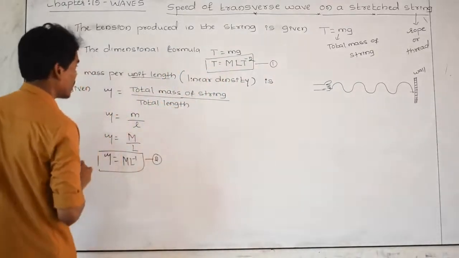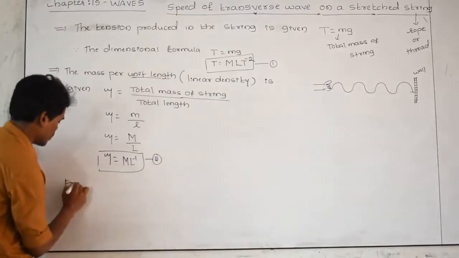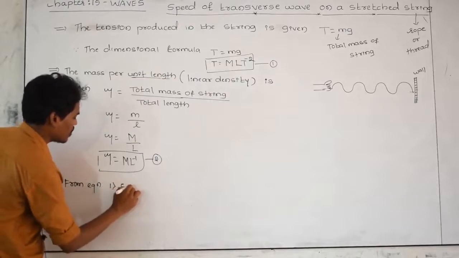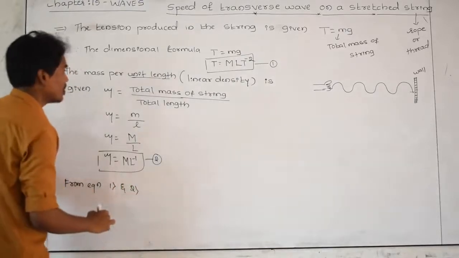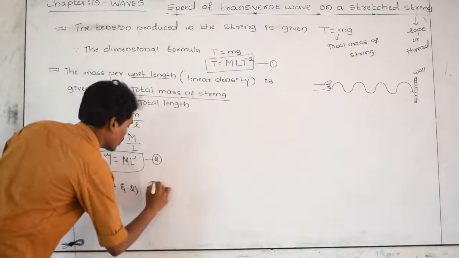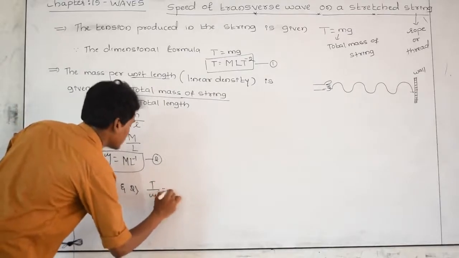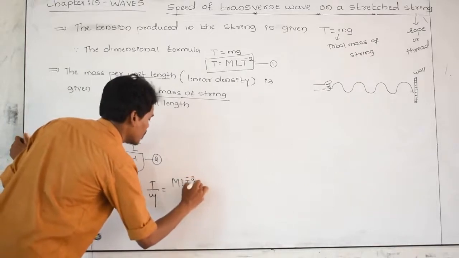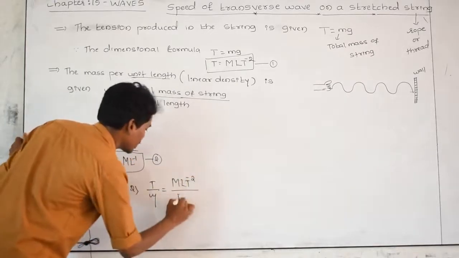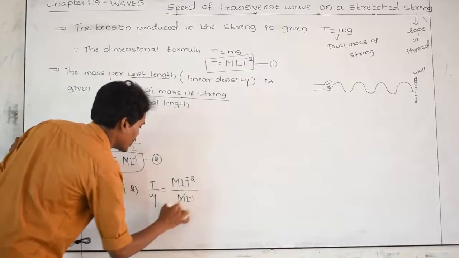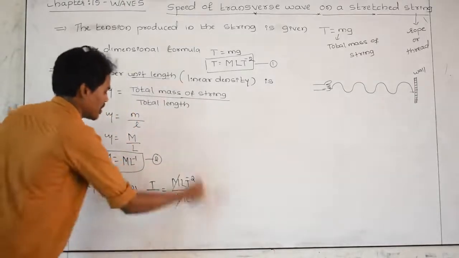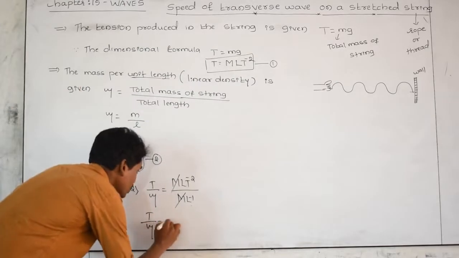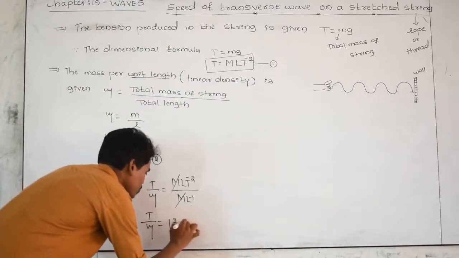From equations 1 and 2, divide equation 1 by 2, that is T by mu. T by mu is equal to M LT raised to minus 2 divided by M L raised to minus 1. M gets cancelled. Take L to the numerator. T by mu is equal to L square T raised to minus 2, you are getting.